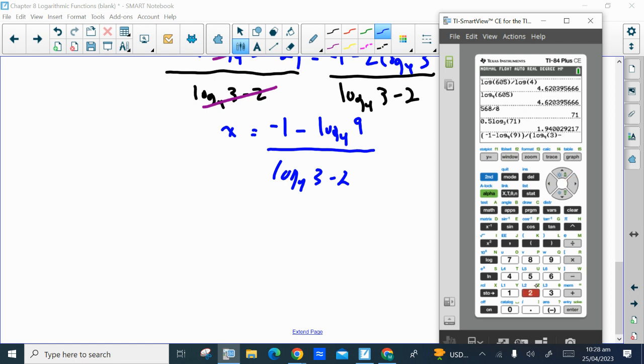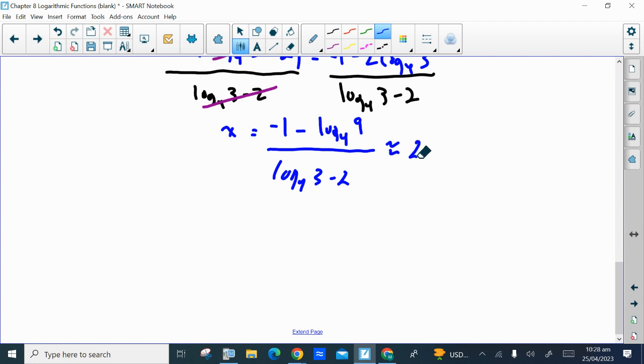Minus 2. Close the bracket. So if we round to the nearest hundredth, it'll be approximately 2.14. Okay?